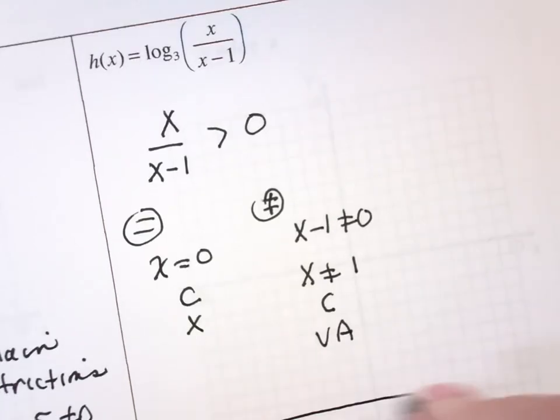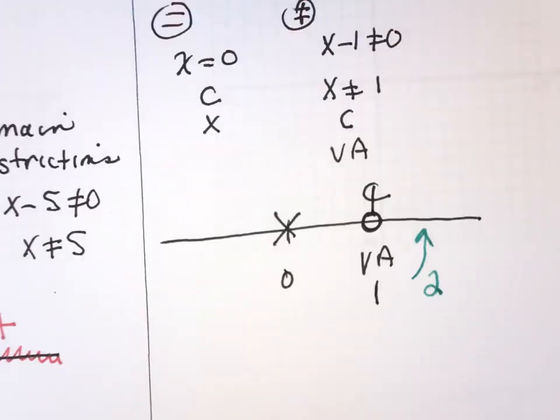And then on your number line, we have 0. We have 1. And I'm going to pull a test point, namely looks like 2 would be a good test point. x equal 2, sorry about that.